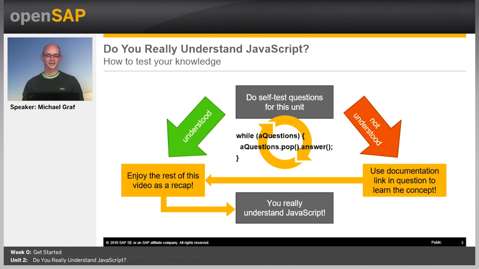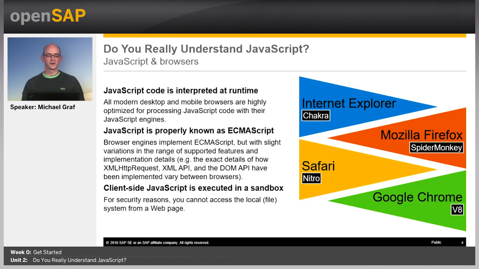Alright, welcome back. So let's do a quick recap on what we have seen in the self-test questions, and let's start with JavaScript and browsers. So JavaScript is a scripting language that is supported by any modern web browser and allows developers to enrich web pages with additional logic.